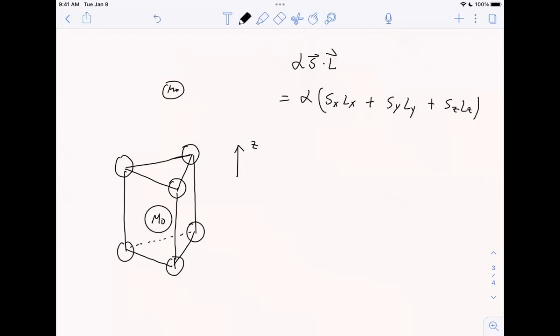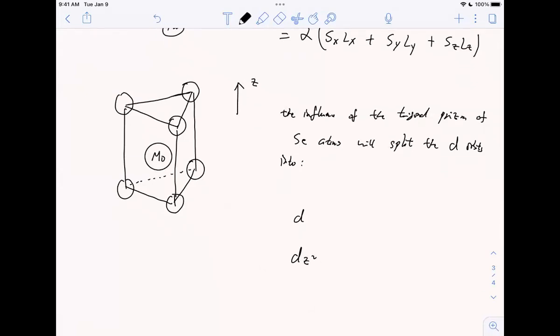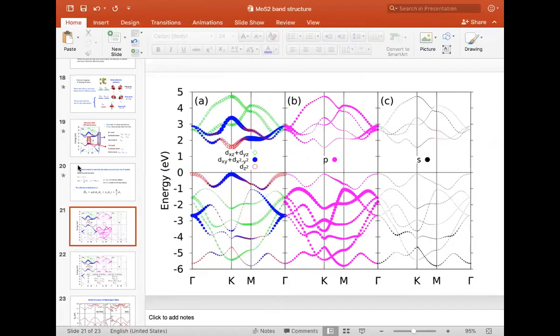The influence of the trigonal prism of Se atoms will split the d orbitals into 3 groups, d z squared, and then this one will be, I need to go back to the PowerPoint.